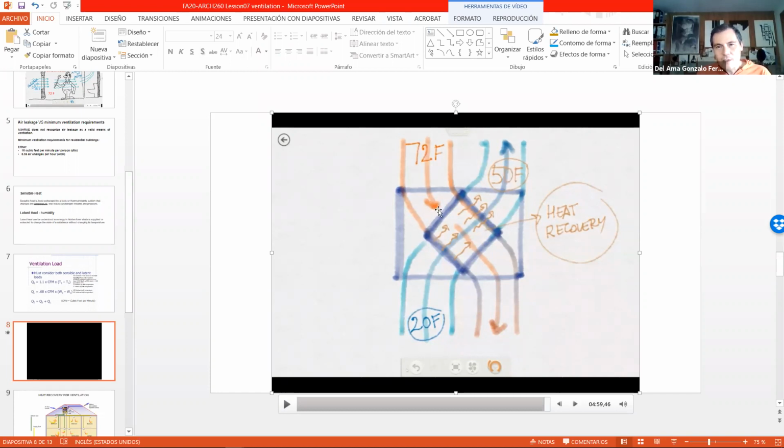We are just transferring energy. Okay, so we can do that. And we will see what a heat recovery device is inside, but the secret is this square here, that is transferring heat from this return air to this supply air.